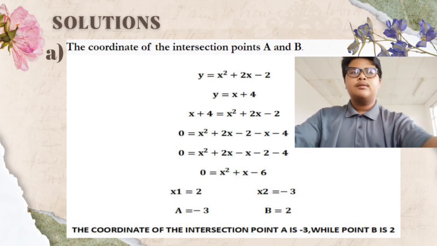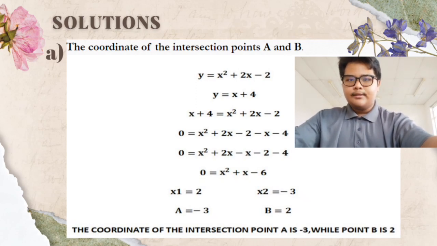Okay, now the solution of A. The coordinate of intersection point A and B. y equals x to the power of 2 plus 2x minus 2. y equals x plus 4. x plus 4 equals x to the power of 2 plus 2x minus 2. And then 0 equals x to the power of 2 plus 2x minus 2 minus x minus 4. And then 0 equals x to the power of 2 plus 2x minus x minus 2 minus 4.